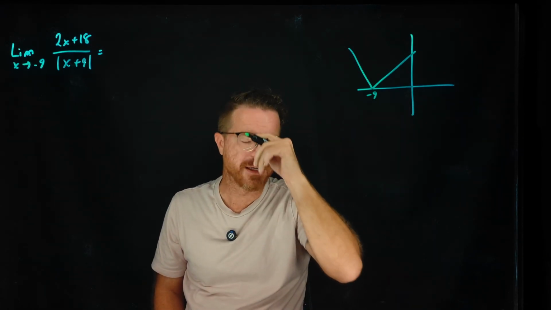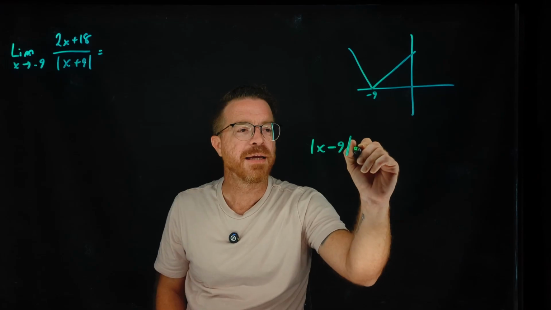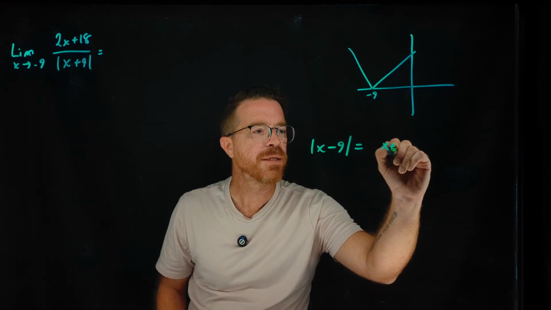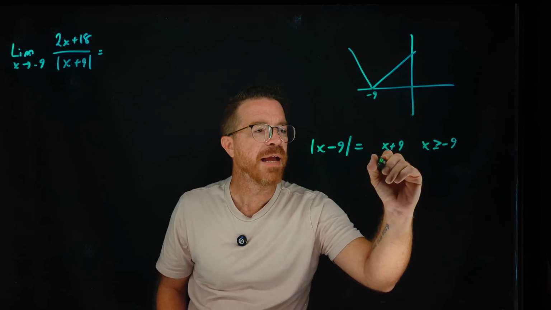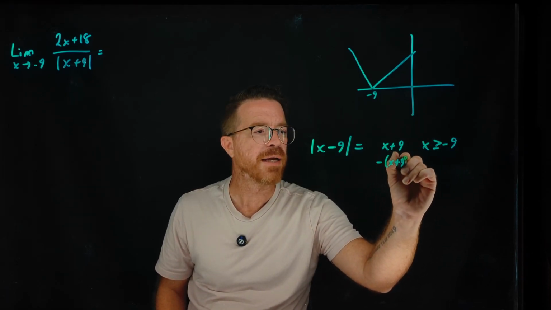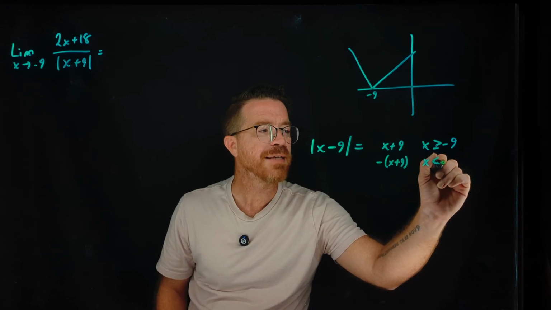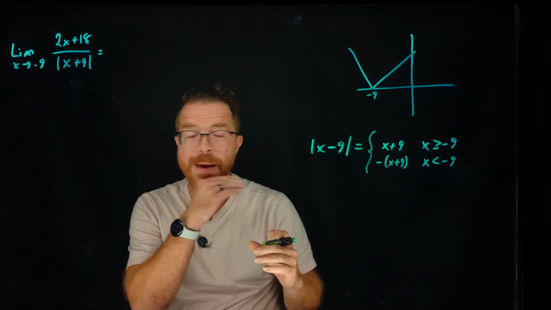So in this case, the absolute value of x plus 9 is going to be equal to x plus 9 when x is greater than or equal to negative 9, and it's going to be equal to minus x plus 9 when x is less than negative 9. So all we've done is shift by 9.